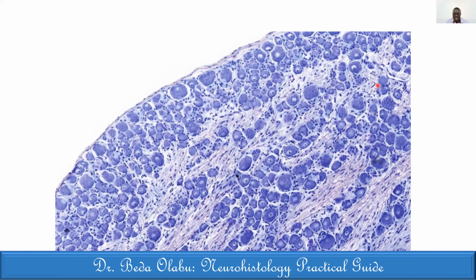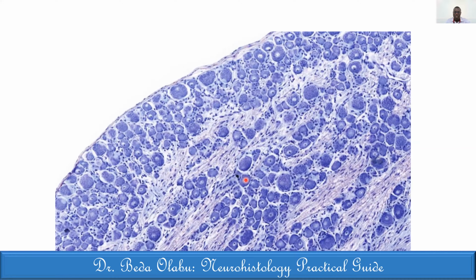Of note is that the cells exist in groupings. And importantly, there are some cells which have an open face nucleus, or what we call a vesicular nucleus. Now look at that cell again, that one, this one, that one. This is what we describe as an open face nucleus.